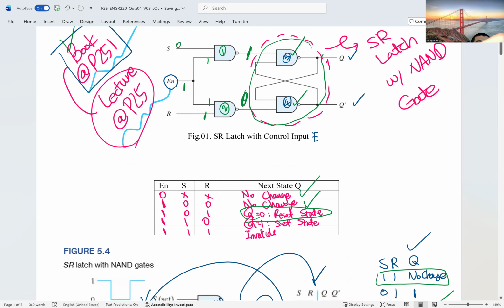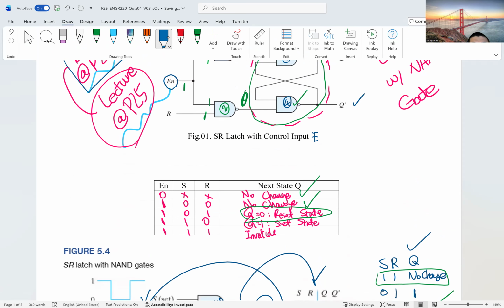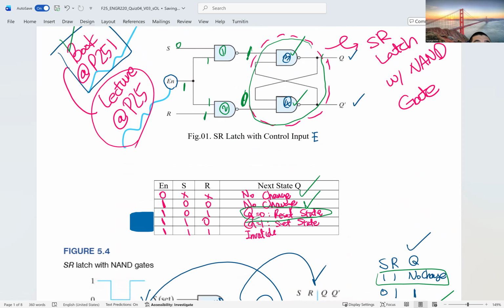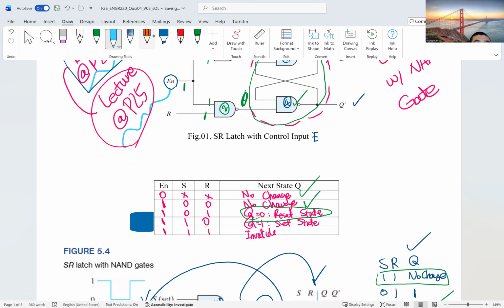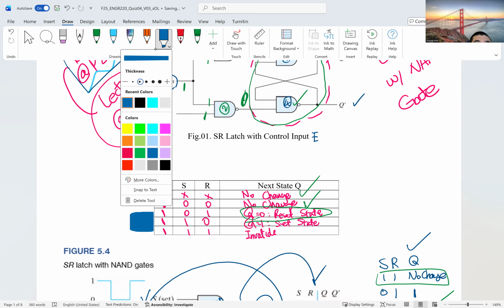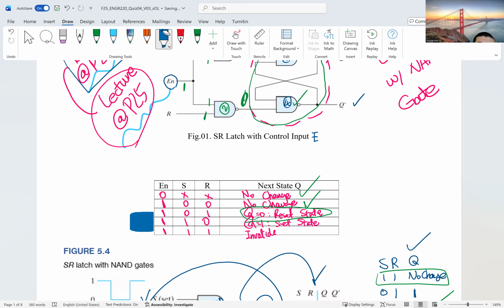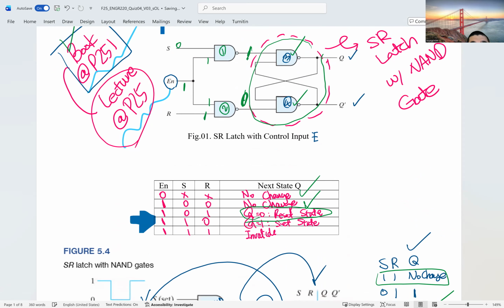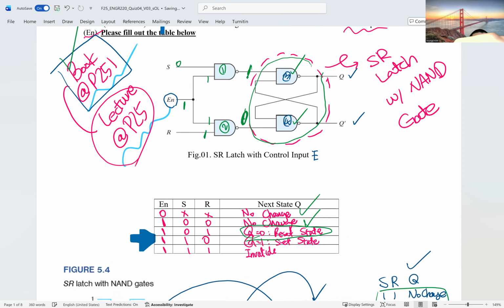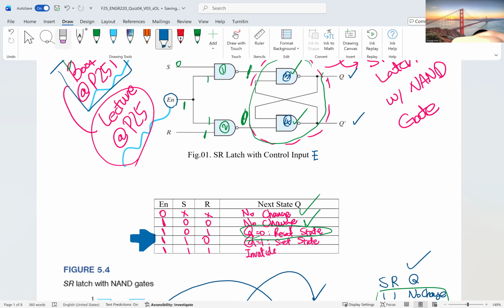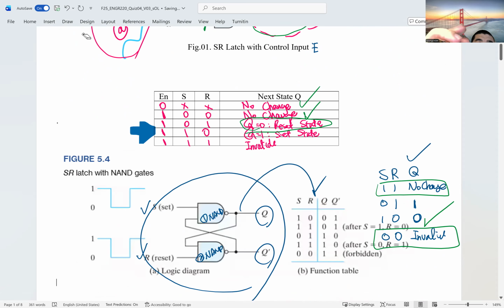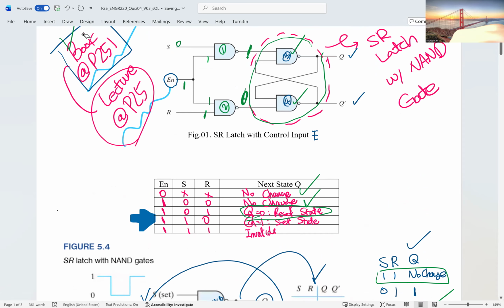And then the third one, I'm going to write it here. Oops, it's too much. And the third one here, 1, 1, 0. Okay, 1, 1, 1, 0. I'm going to just, oops, sorry.